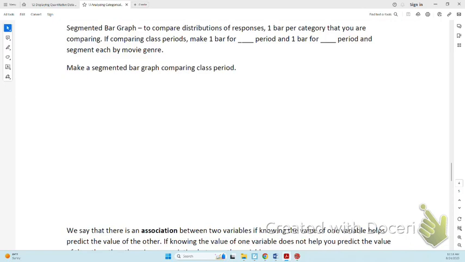What you do is you make a bar for first period and a bar for 8th period, and you need to make sure each bar adds up to 1.0, or if you're doing percents, it should add to 100%.